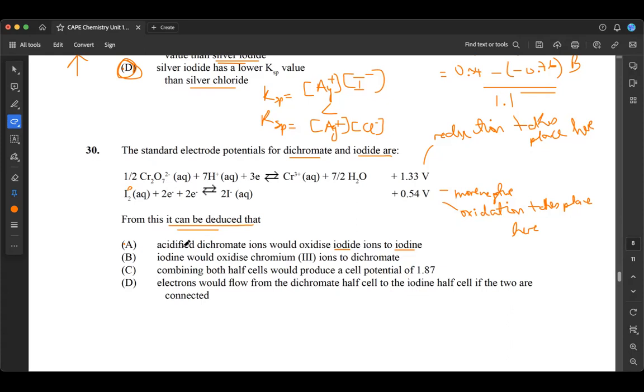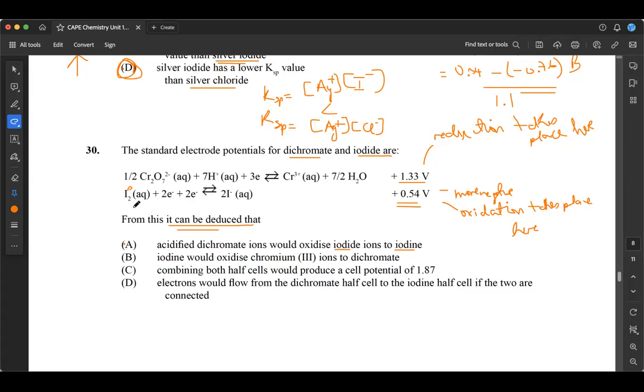Can it be deduced that acidified dichromate ions would oxidize iodide ions to iodine? Well, that's a mouthful, so let's think about that. Let's look at the electrode potential values. We have this one being the more positive one, and this one being the more negative one. The more negative one is where oxidation is going to take place, so this is where the electrons are going to leave from. So we can rewrite this one in terms of oxidation, as a loss of electrons.